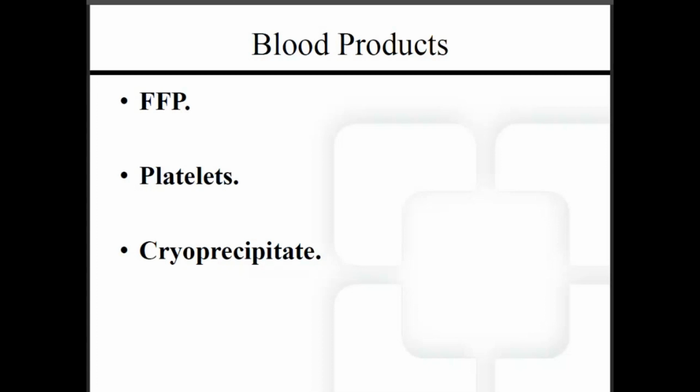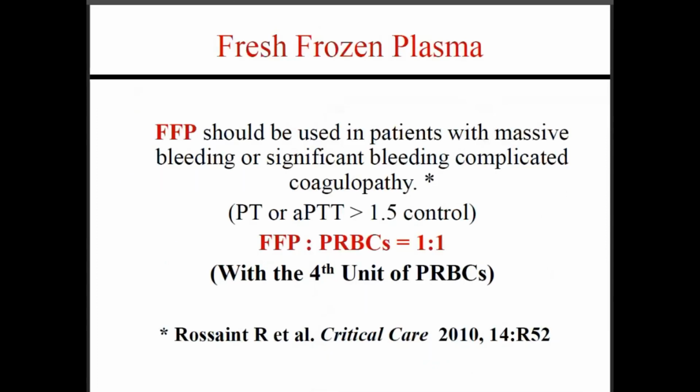And sometimes they are given if you are lacking particular components of the blood. Fresh frozen plasma should be used in patients with massive bleeding, and you should give it early because it is plasma, so it expands the blood volume fast.